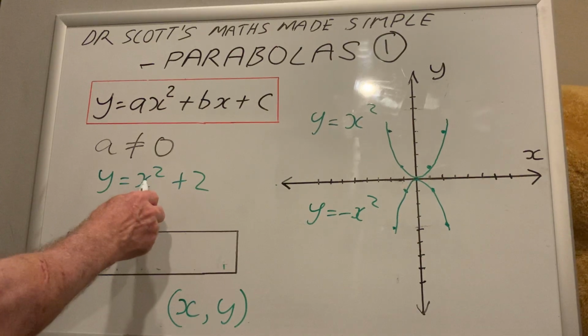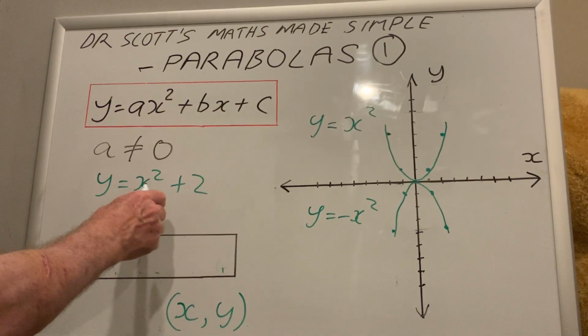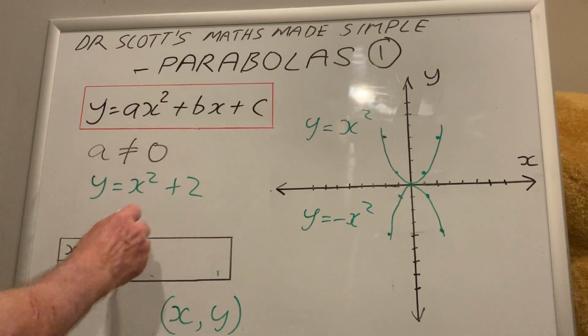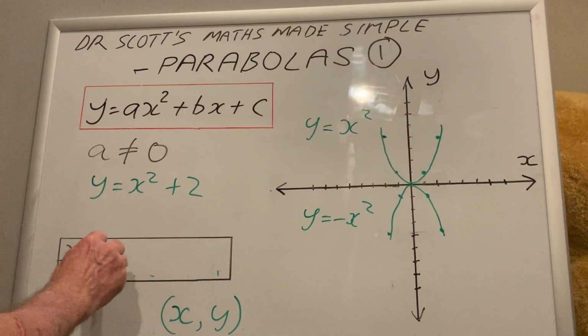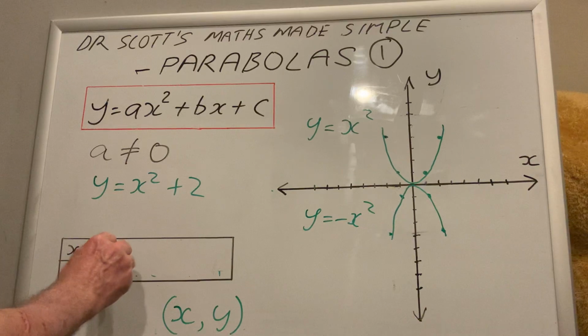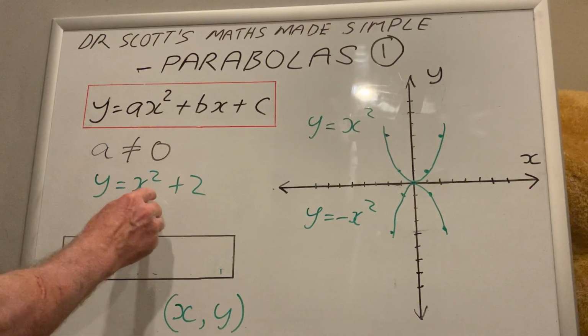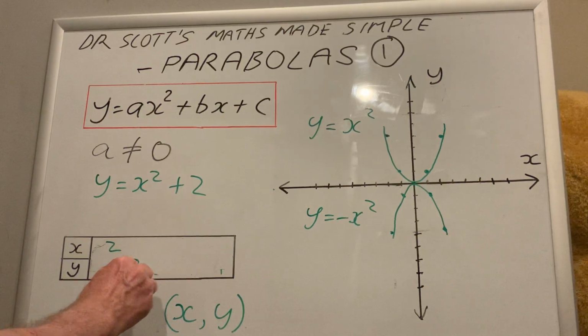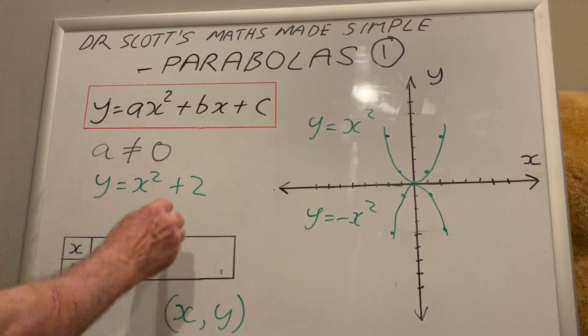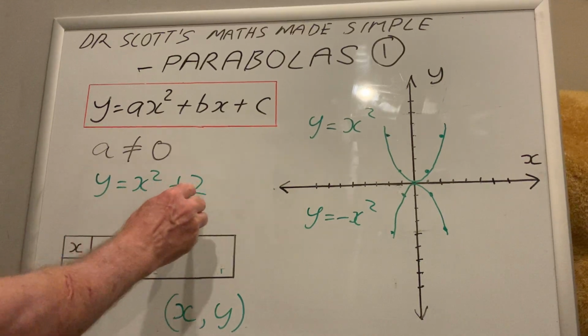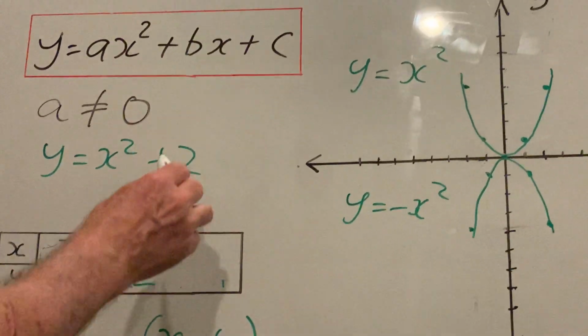So if x equals 2, 2 squared plus 2, 4 plus 2 is 6. So if x equals 2, y equals 6. If x equals 1, 1 plus 2 is 3. If x equals 0, 0 squared is 0, 0 plus 2 is 2.